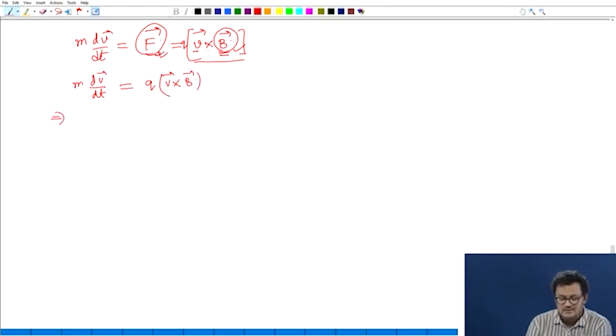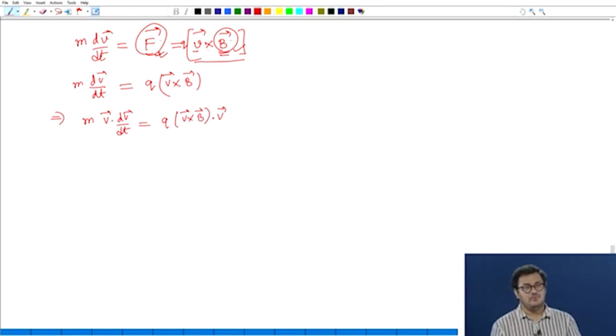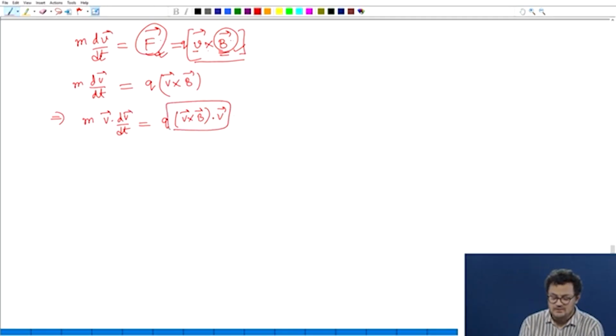Can you easily see a very evident conserved quantity? I just do m v dot dv/dt, which is q v cross b dot v. When I have at least two of the three vectors identical in a scalar triple product, I have a 0 result over here. So, it is 0.